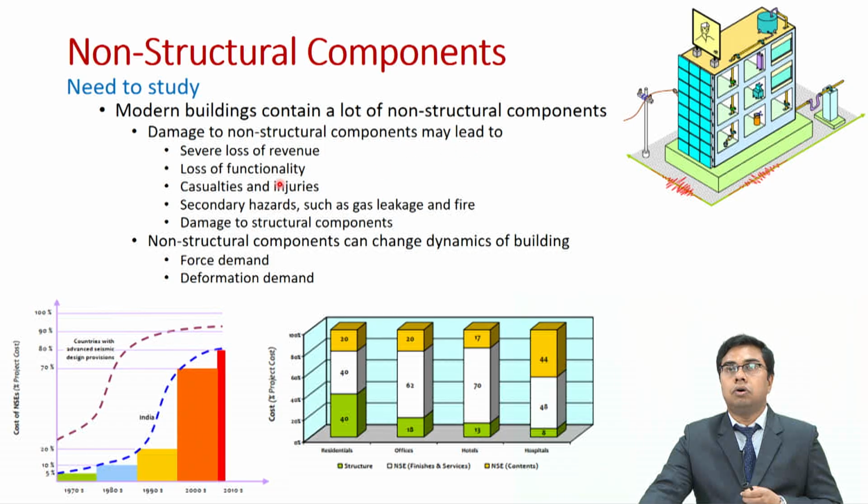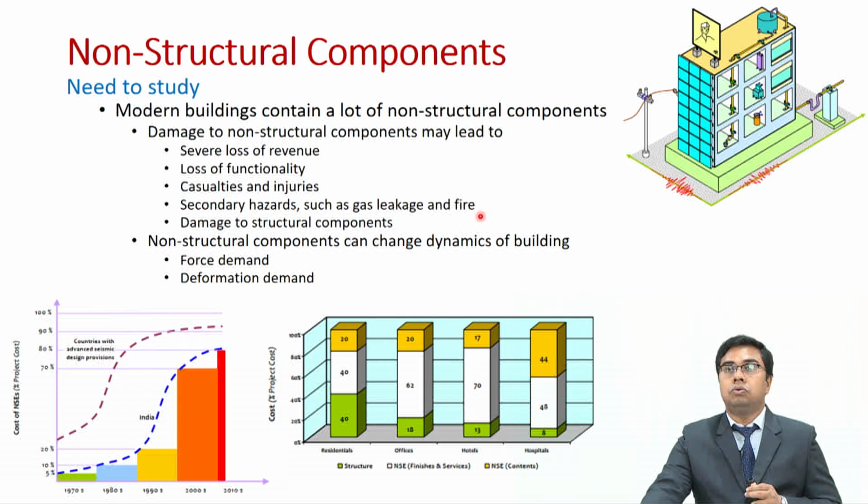The damage to non-structural components can also lead to casualties and injuries to the occupants of the building during the earthquake itself. Then, if there is some gas leakage which catches fire afterwards, there can be secondary hazards after the earthquake.